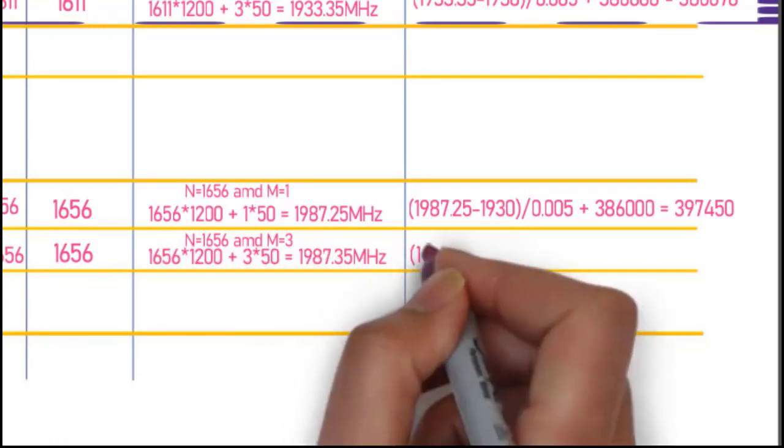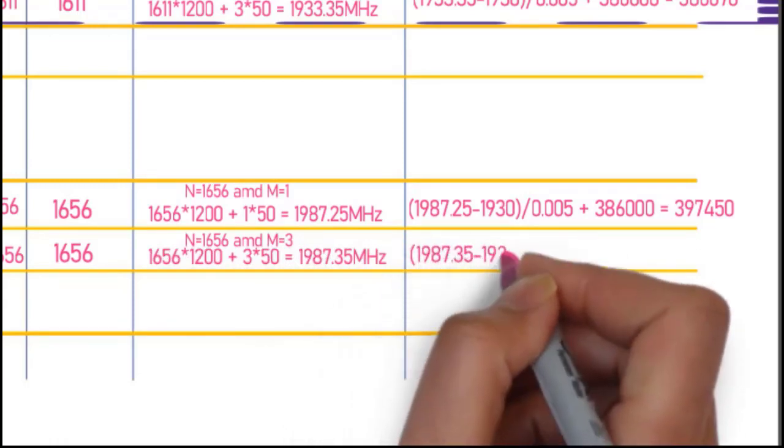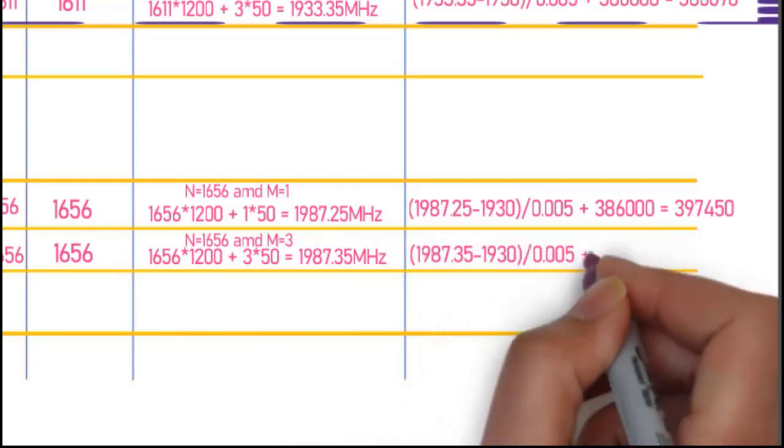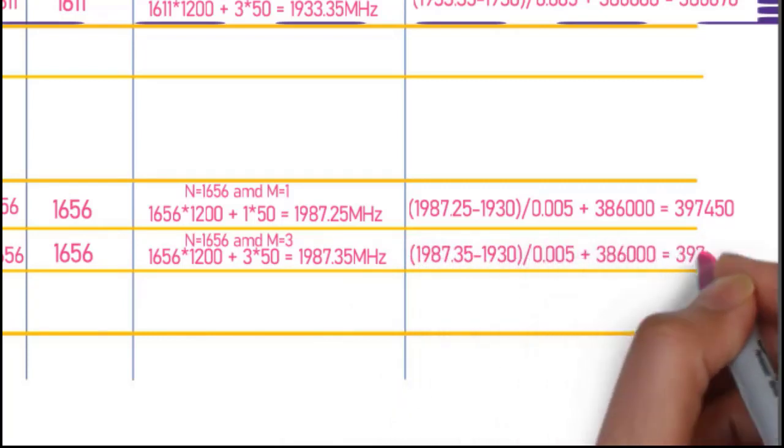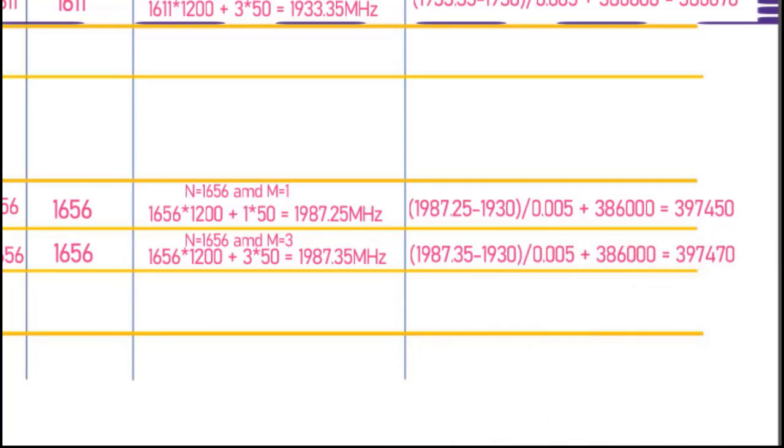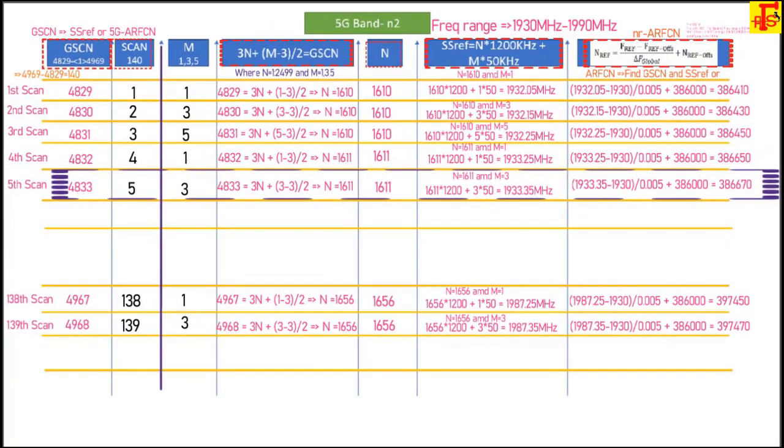So we calculate the AFCN value: FREF minus FREF offset, delta F global. We put FREF 1987.35 minus 1930, 0.005 and 386000. Here 397470 is coming. So here also the SSB is not located.